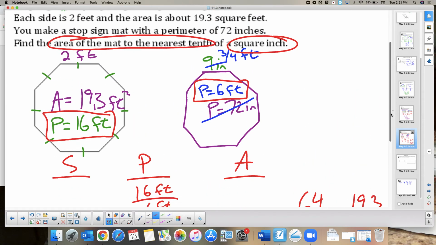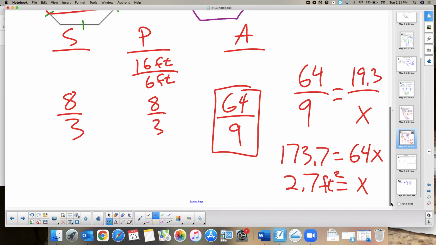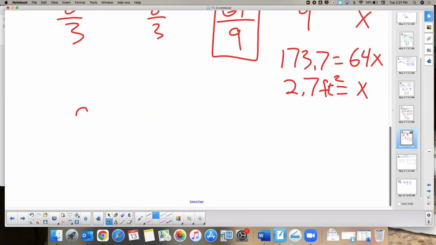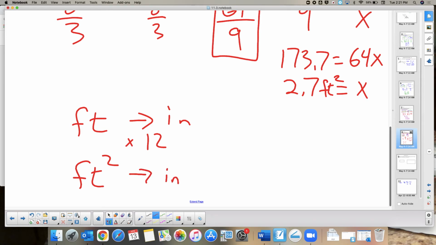Likewise, when we are converting feet to inches, we multiply by 12. When you do feet squared to inches squared, the whole point in this lesson is to remember, we have to square our conversion also.